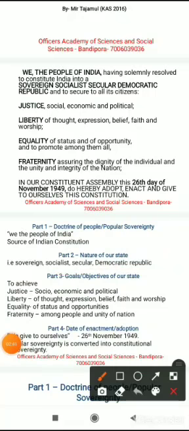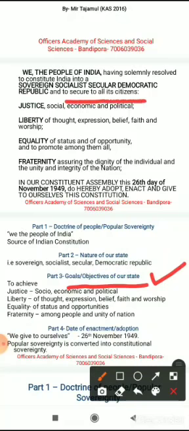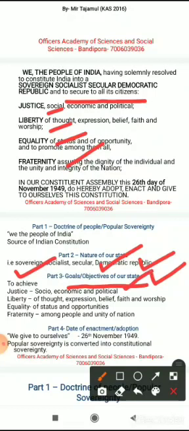And the third part is the goals and objectives of our state: to constitute India, as we said here, to secure to its citizens justice, liberty, equality, and fraternity. So this is the third part of our constitution, that is objective of our state is to achieve what? Justice, socio-economic and political, liberty of thought, expression, belief, faith, and worship, equality of status and opportunities, and number 4 is fraternity among people and unity of nation.